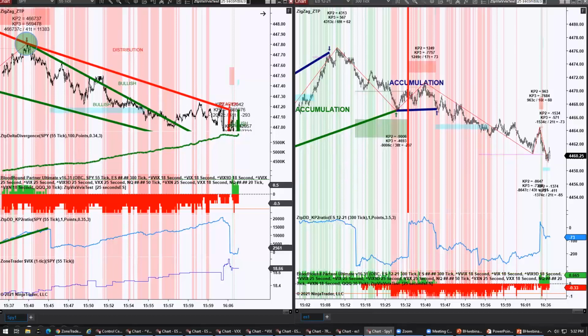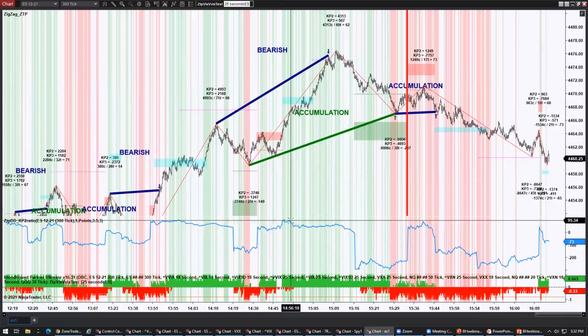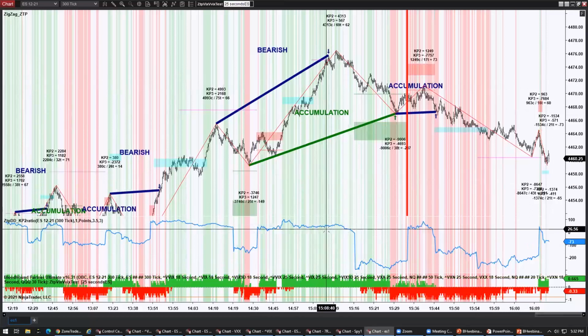Scott asks if this is automated. Scott, like I explained, I wouldn't automate this completely, because what I want to do, and this really becomes important, is be able to read this indicator right here.